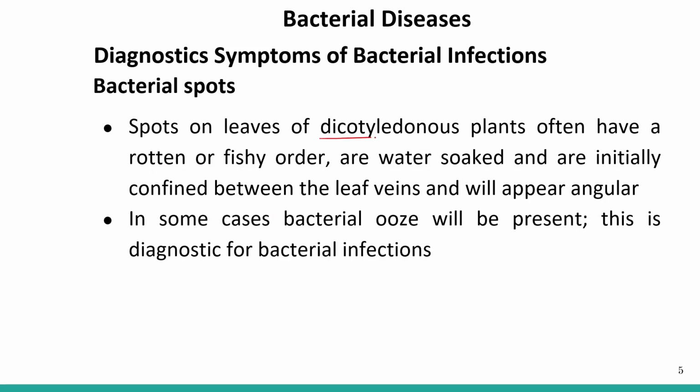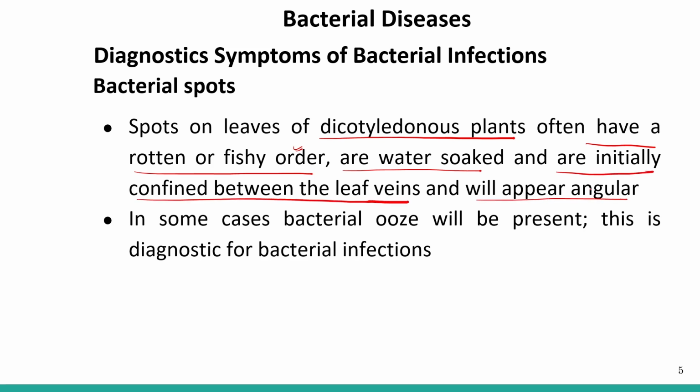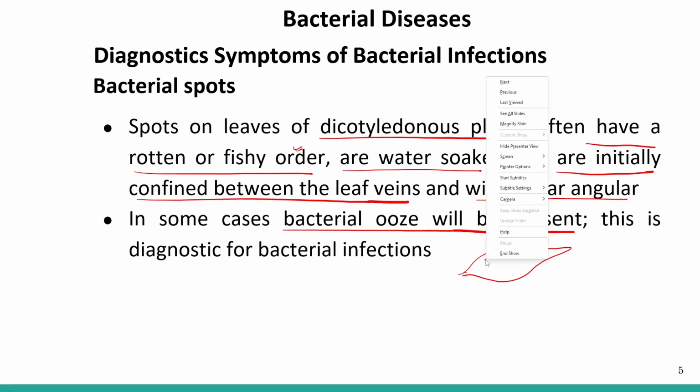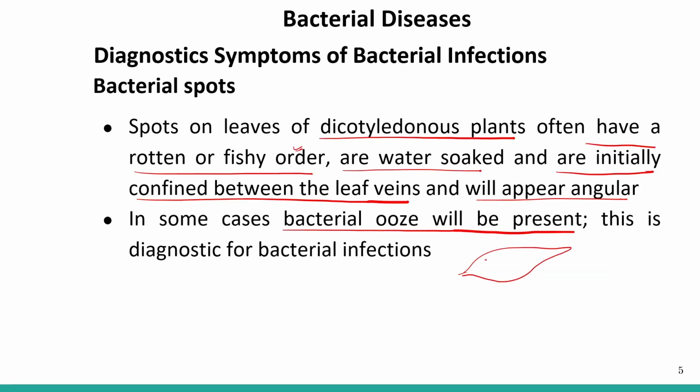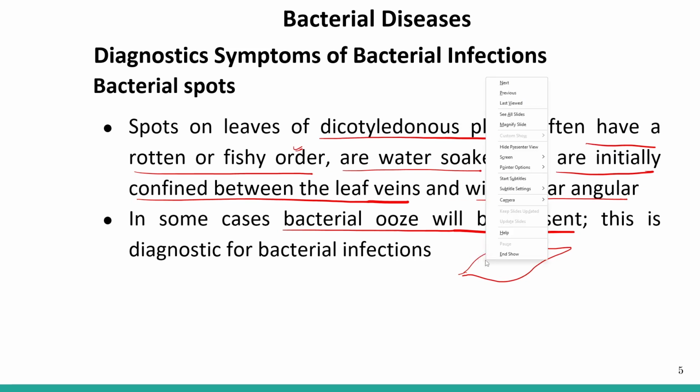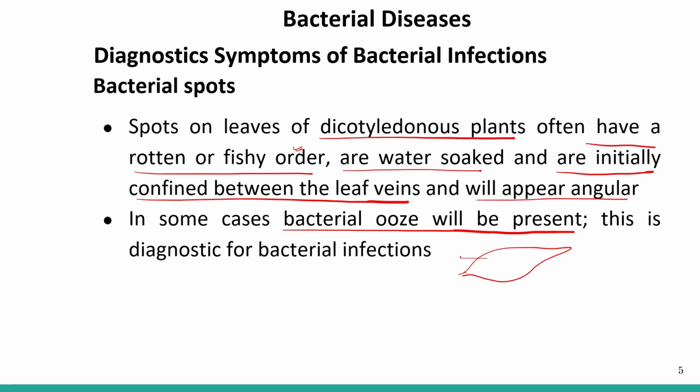Spots on leaves of the dicotyledonous plants often have a rotten or fleshy odor, are water soaked, and are initially confined between the leaf veins and will appear angular. In some cases, bacterial ooze will be present, meaning at the place of spots, some bacterial ooze, a liquid, comes out from these spots.